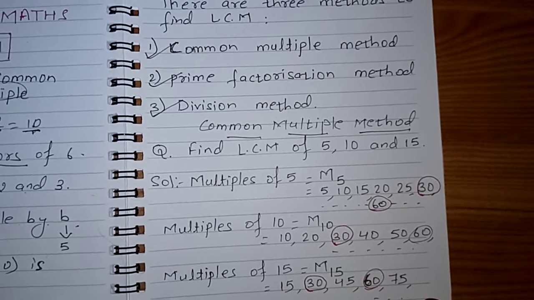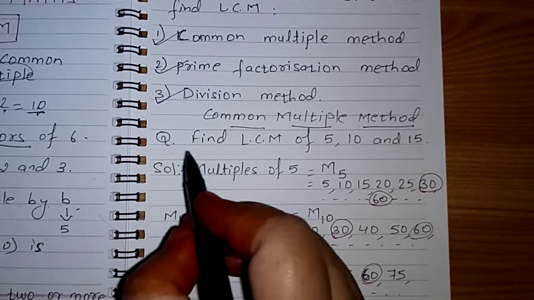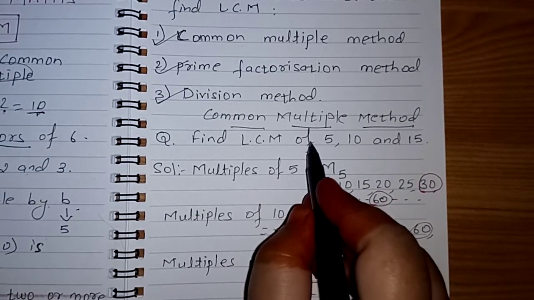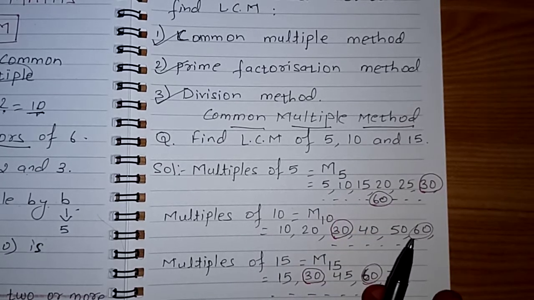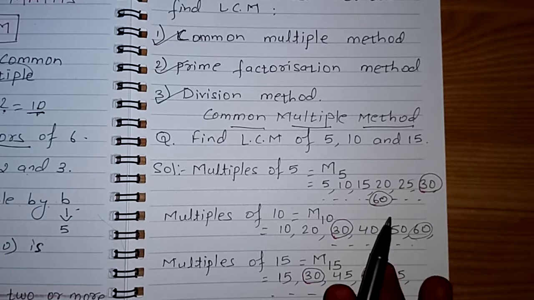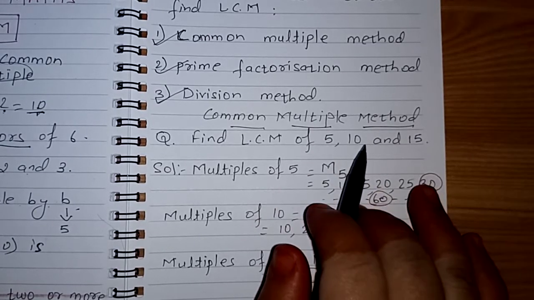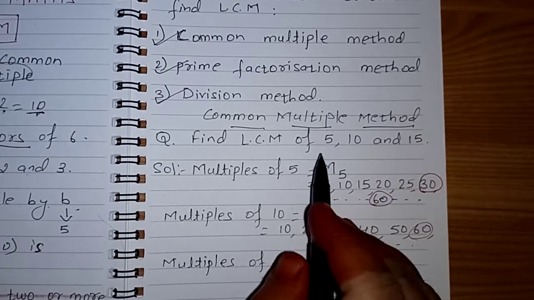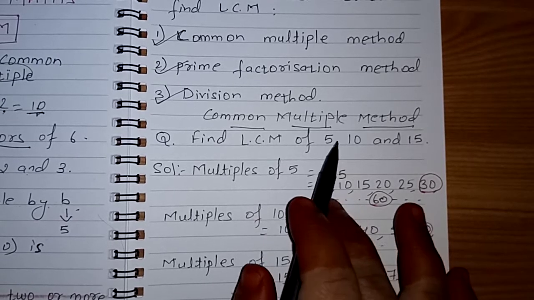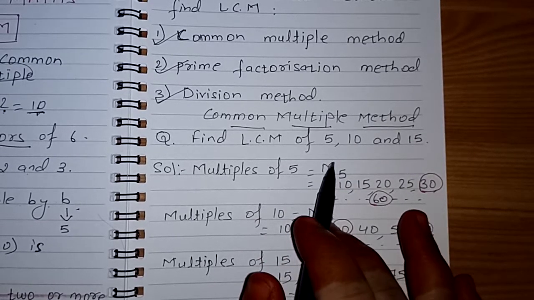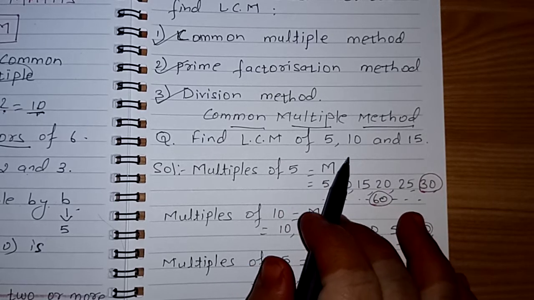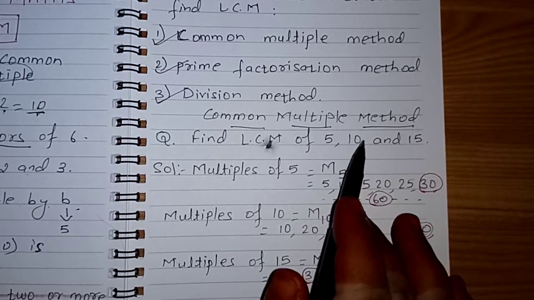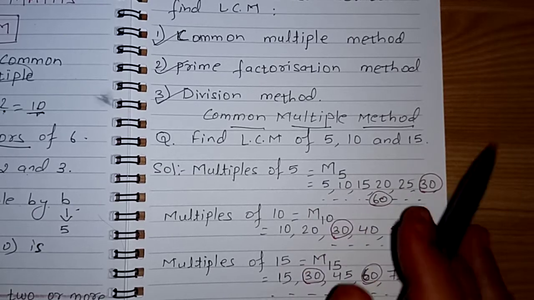See children, there is a question: find the LCM of 5, 10 and 15. You have to find the smallest number which is divisible by 5, 10 and 15.